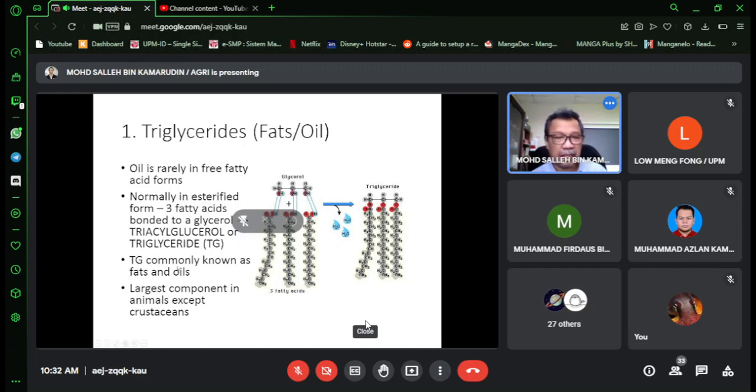Dia bercantum. Triglycerides are known as fats and oils, and is the largest component in animals except crustacean. Crustacean banyak yang lain, banyak ada kolesterol dan sebagainya. Tapi for fish, dia banyak dalam oil form.